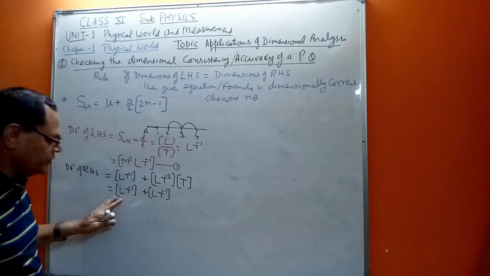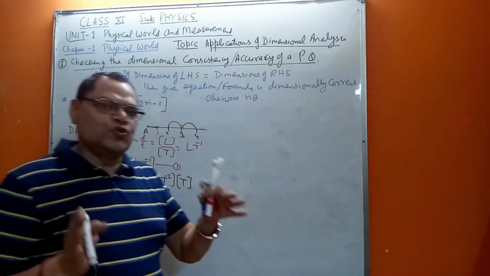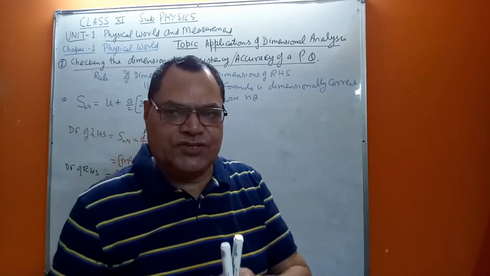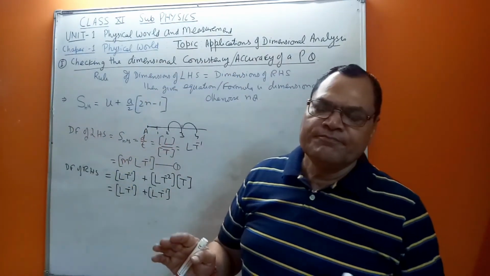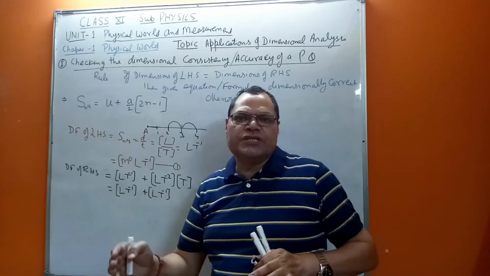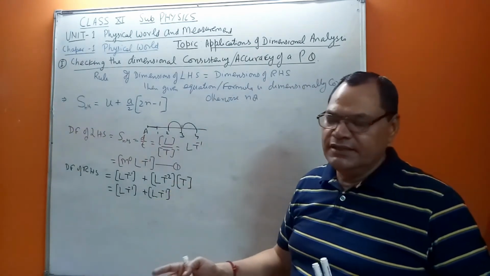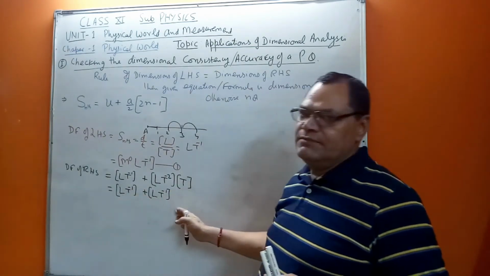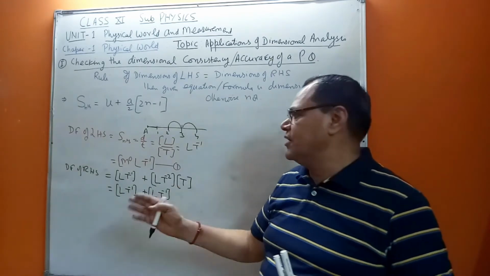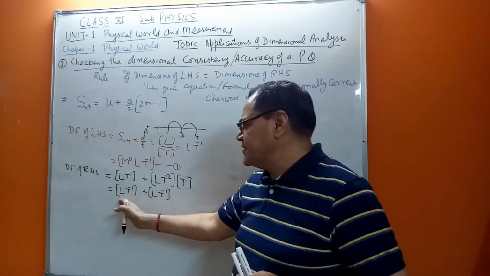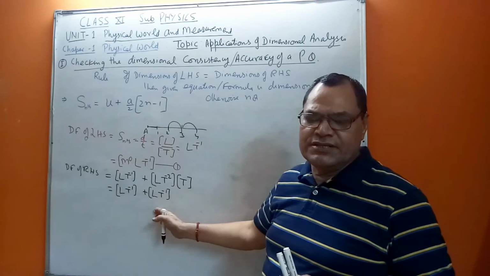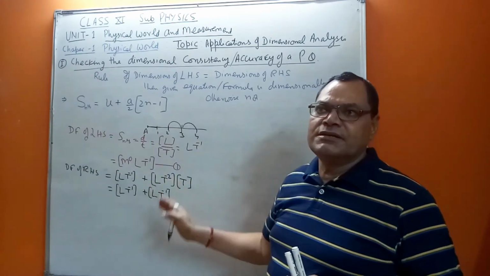So again you find that this term and this term both have the same dimensions. Whenever we have two terms with the same dimensions, the principle of homogeneity will be applied, in which the resultant dimension also remains the same, because such physical quantities having the same dimensions can be added or subtracted.